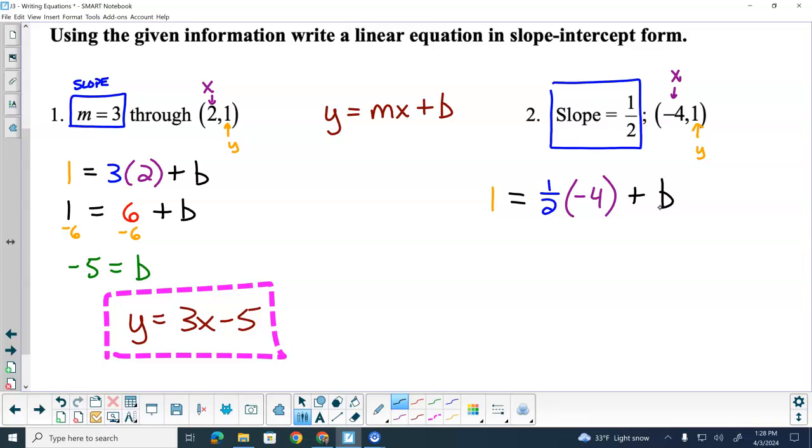Those darn fractions coming back to get us again. Okay? Meg, do you remember how to multiply fractions? No? So let's write this out, because we've got 1/2 times -4. Instead of writing it as -4, could I put it -4 over 1? Yep. Okay. Now, do you remember how to multiply fractions?